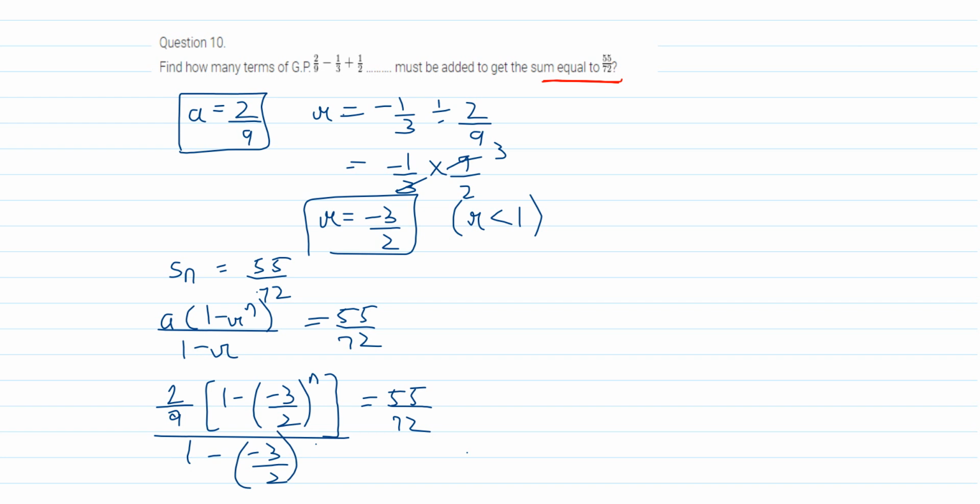Okay, so when I open the brackets in the denominator, I get 1 plus 3 upon 2. In the numerator it is 2 upon 9 into 1 minus.